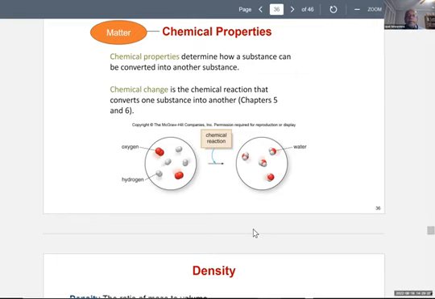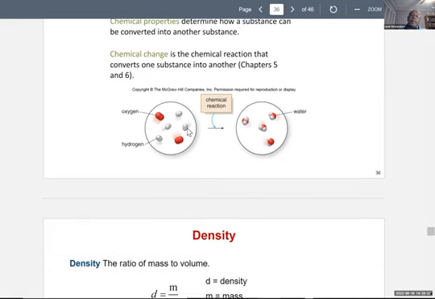For example, if you have hydrogen and oxygen mixture, as in this picture, hydrogen here, yellow, that gray balls, and oxygen in the red balls, two oxygen atoms, two hydrogen. When you put them together and ignite, they turn into water. So combustibility of hydrogen is a chemical property.